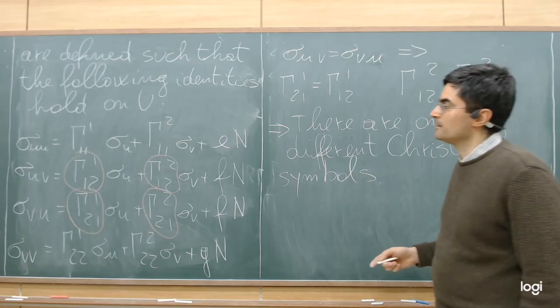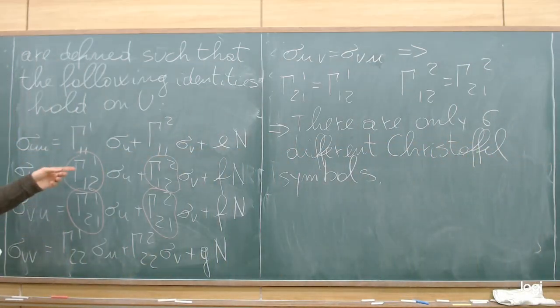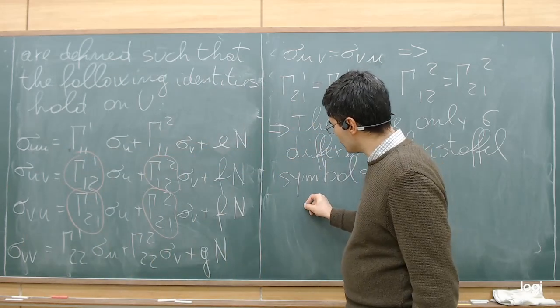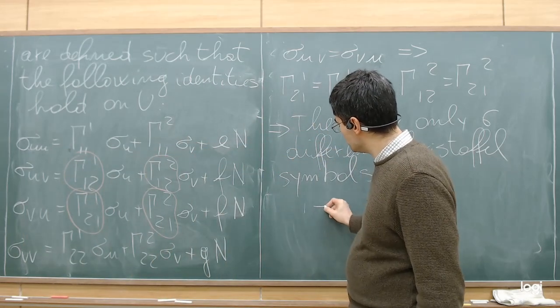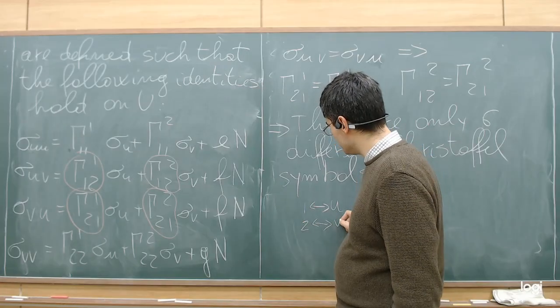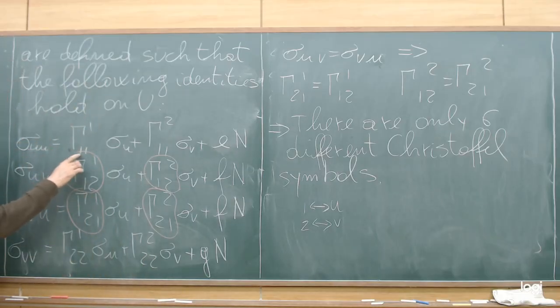Second remark is about how to remember these formulas. You have to associate to the index 1 the variable u, and to the index 2 the variable v. So what is the reason why here you have a pair of 1? The reason is that you are considering the second derivative of sigma with respect to u.